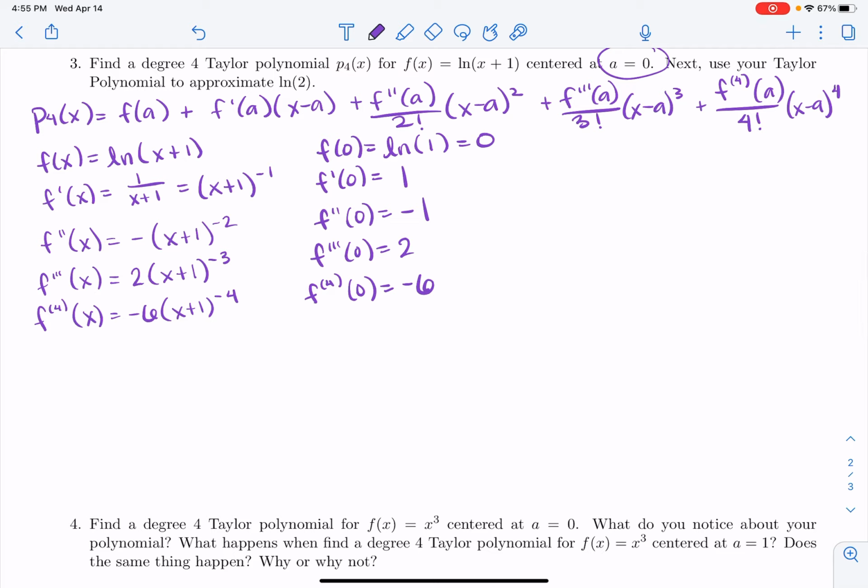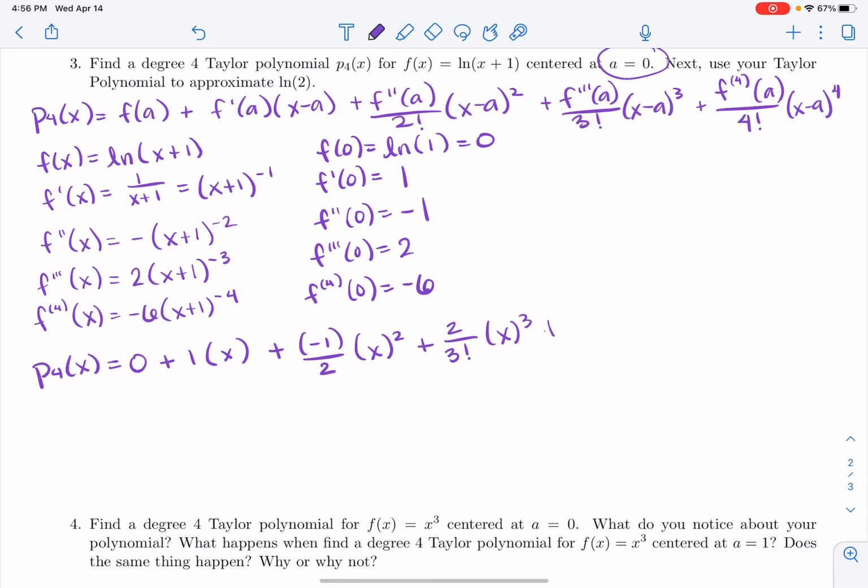All right, so we can plug this in. P4 of x is equal to 0 plus 1 times x. A is 0, so x minus a is just x, plus negative 1 over 2 times x squared, plus 2 over 3 factorial times x cubed, and then plus negative 6 divided by 4 factorial x to the fourth.